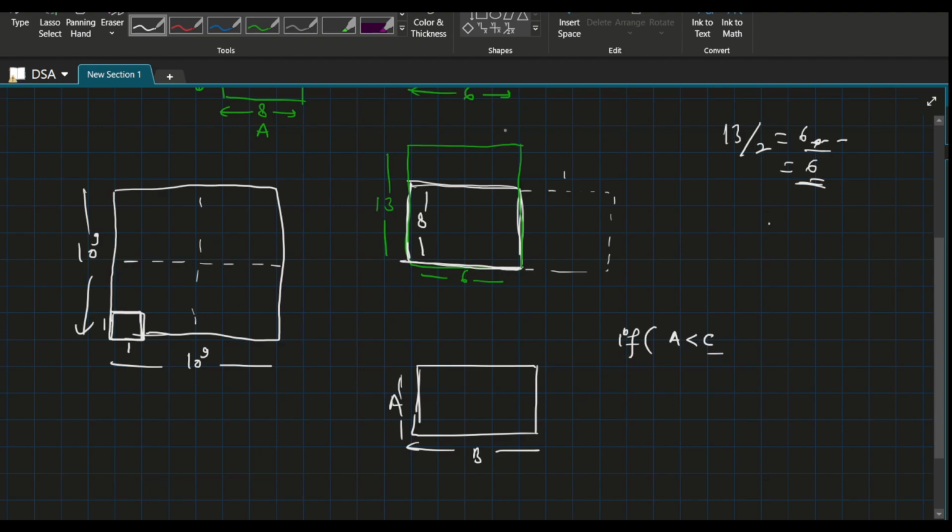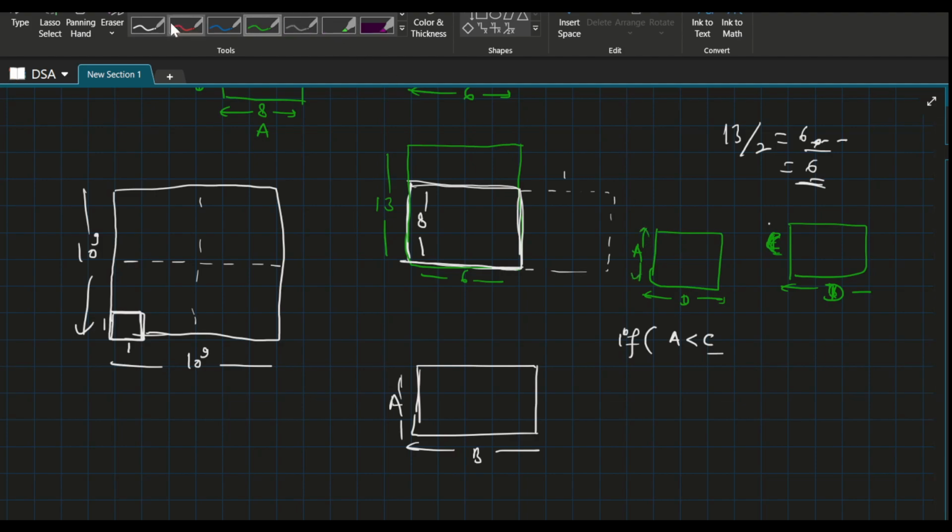Let's say this is our box, so this is C and this is D, and this is our carpet, with A and B. So we will check if A is smaller than C.